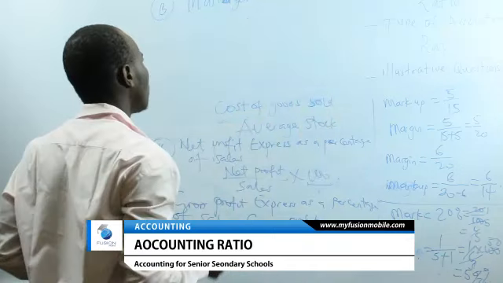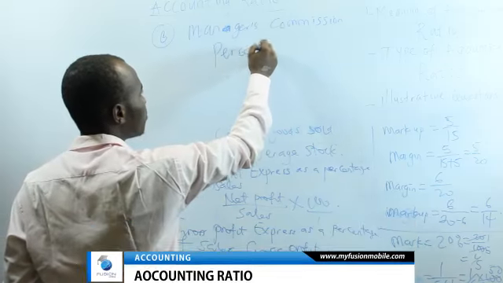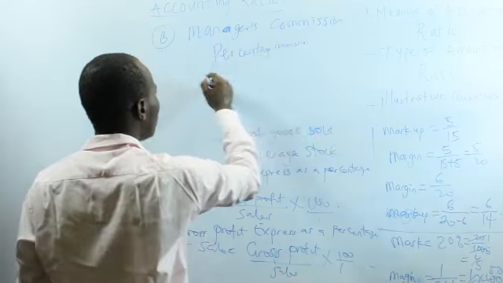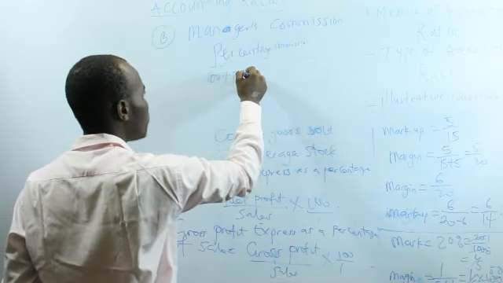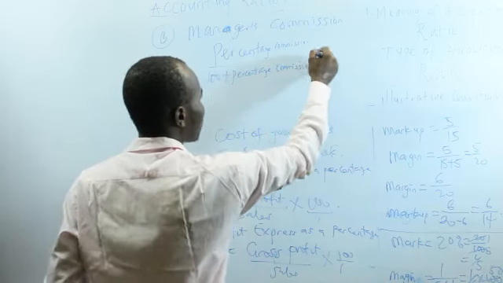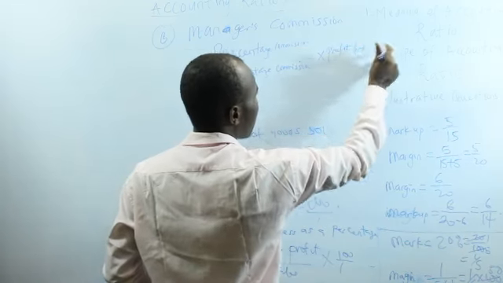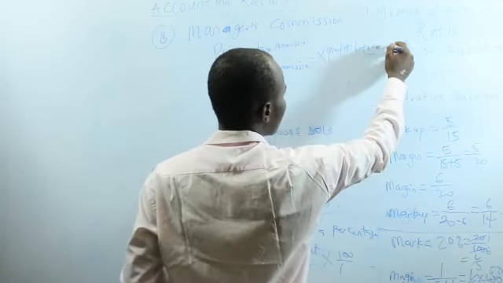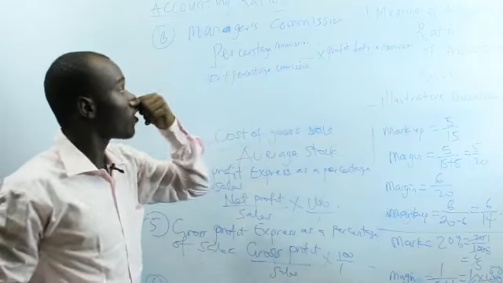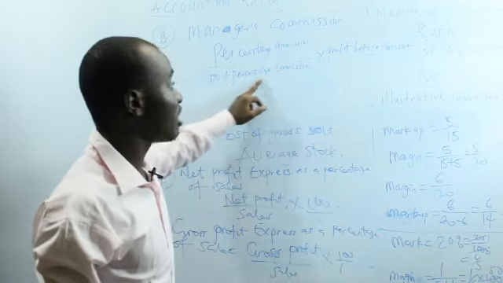The manager's commission gives us percentage commission over 100 plus percentage commission times profit before commission. So to calculate the manager's commission, just a form of ratio, we are going to have the percentage commission over 100 plus percentage commission, times profit before commission.